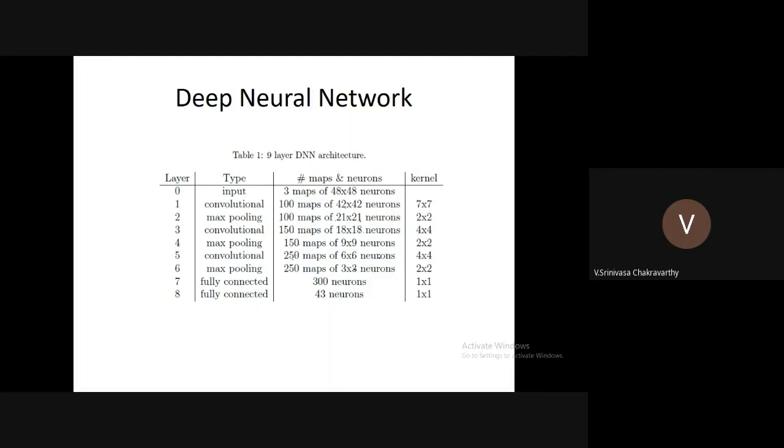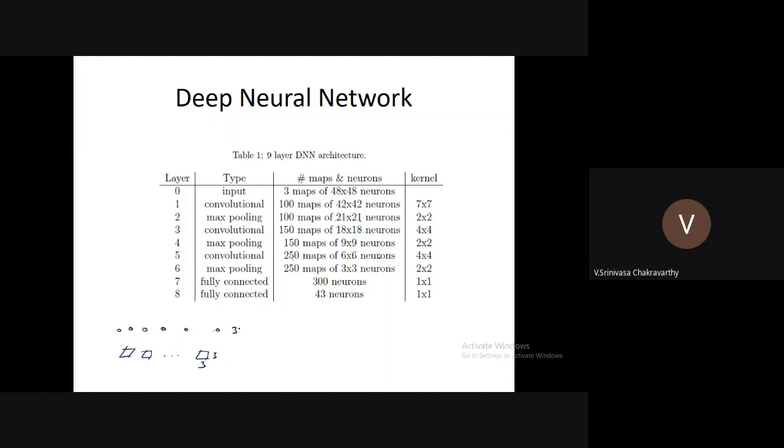So at this point, what is happening is you have 250 feature maps, which is a large number, but individual feature maps are very small, 3 by 3. It is almost like a single neuron. So from this level of 250 feature maps, each of size 3 by 3, you straight away go to, because there's no point in decreasing any further, that would mean going to a single neuron.